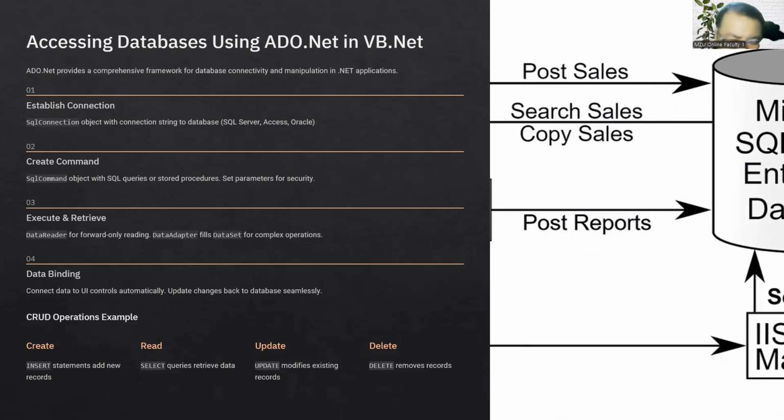Once we establish the connection, we can create a command using the SQL command object with SQL queries or stored procedures, and then we can set parameters for security as well. There we can execute create database, use database, create tables, insert, update, delete, and so on. And that comes to the third step, executing and retrieving.